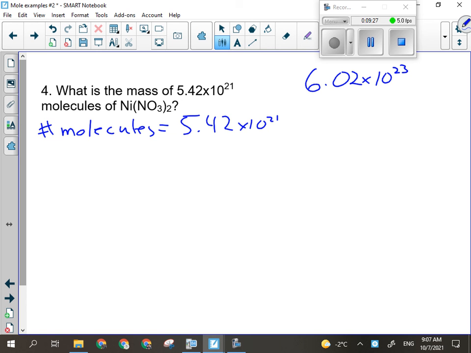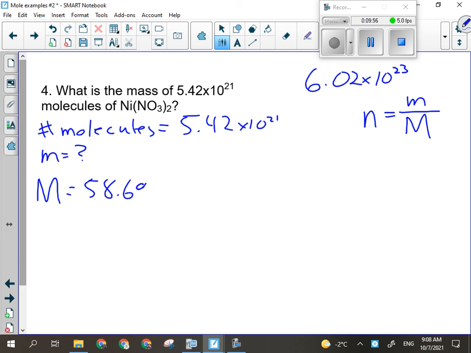Avogadro's number is on the periodic table, and it's on the front page of the exam. I'm looking for little m. To get little m, I have to have n and big M. Big M's not a problem because they told me the stuff I'm dealing with is nickel(II) nitrate. Nickel is 58.69. How many nitrogen do I have? 2.